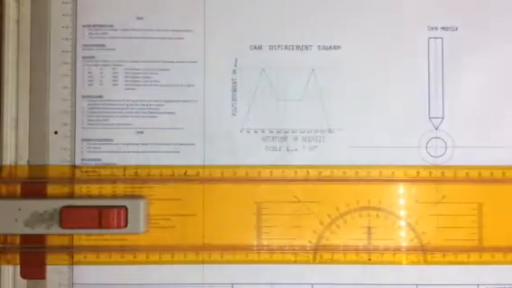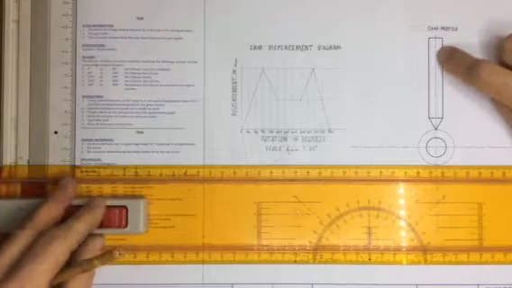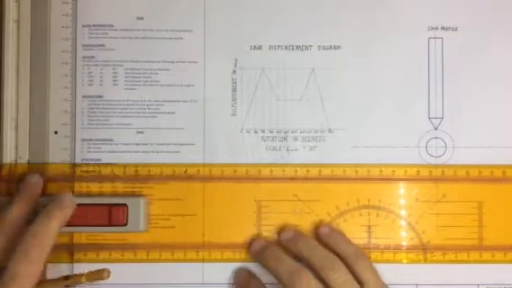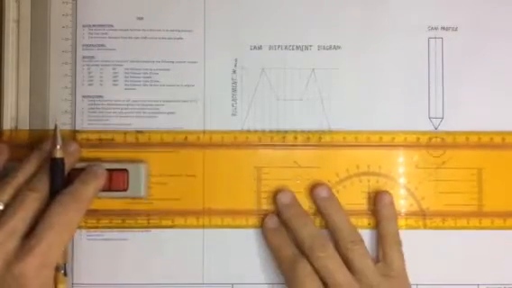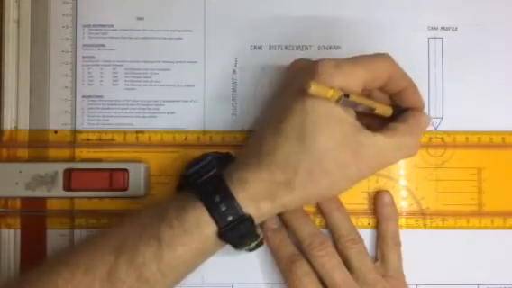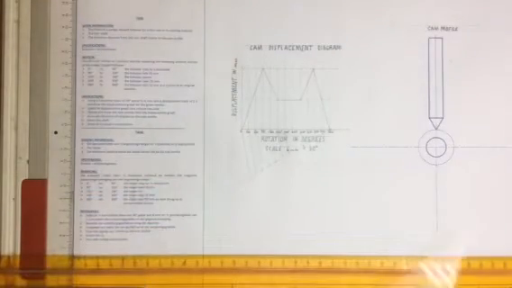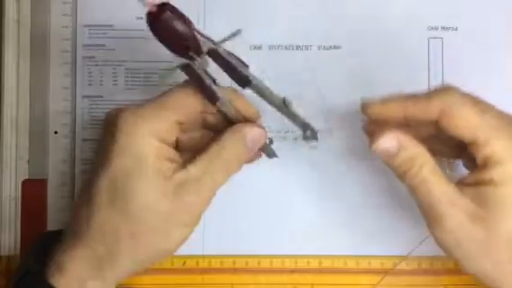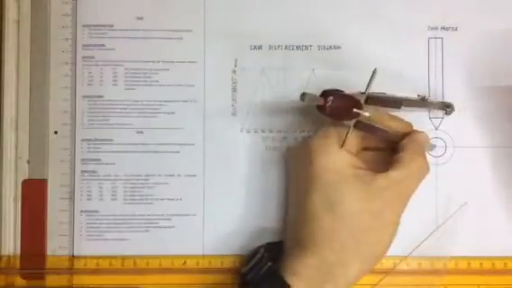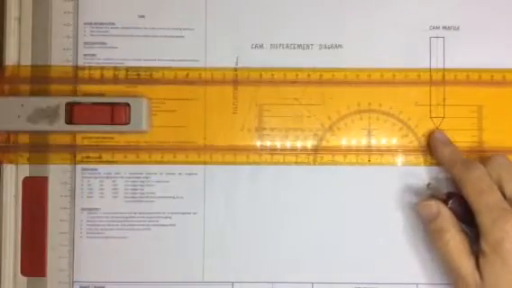Right, once I've got that, I can now take this information across to this line on the cam profile, and I can then start drawing in these things. First of all, you can see 0 degrees is at that point over there. What I would suggest you do is take your pair of compasses and draw a nice big circle with a radius that is going to go to the maximum of this graph.